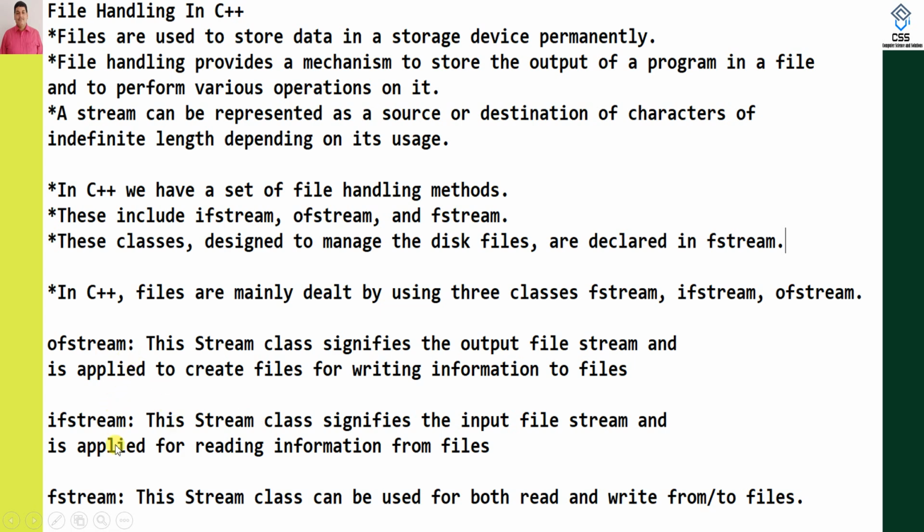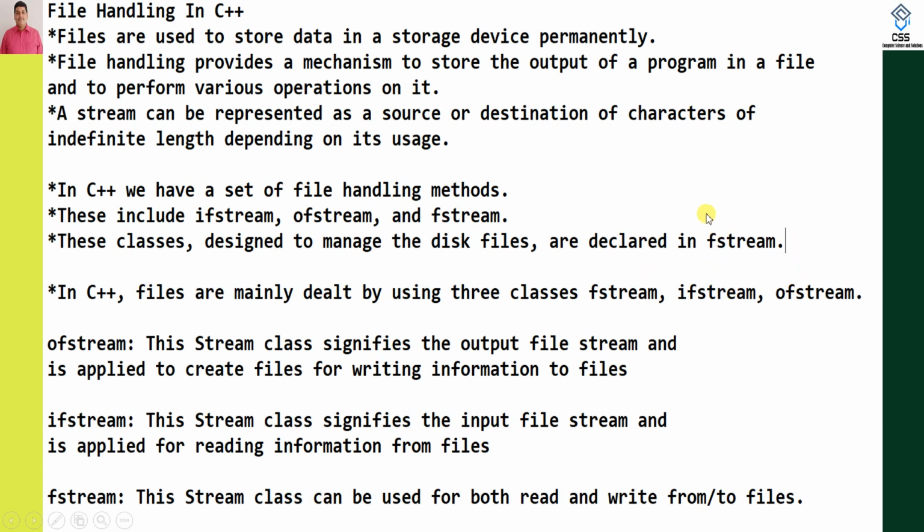The ifstream, ofstream and fstream classes are all defined in the header file fstream.h. If you don't include the fstream.h header file, the respective classes like ifstream, ofstream and fstream will not work. Like cin and cout are defined in the header file iostream.h, in a similar way ifstream, ofstream and fstream classes are defined in the fstream.h header file.